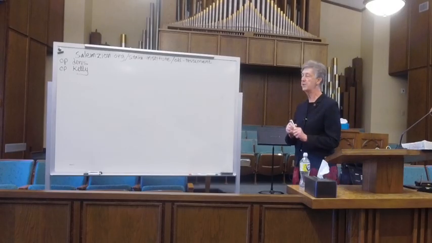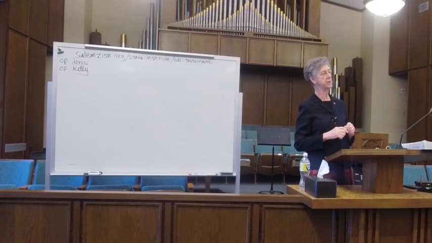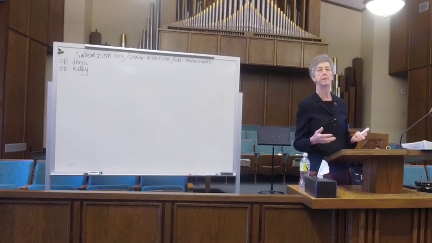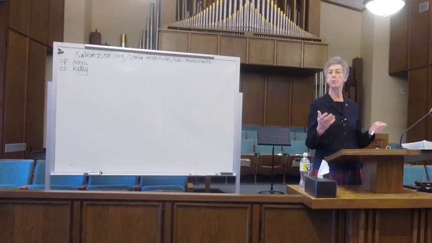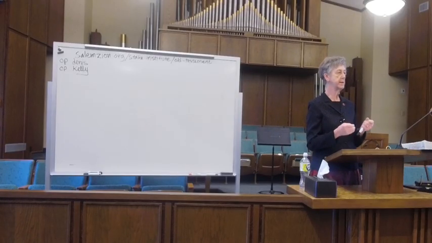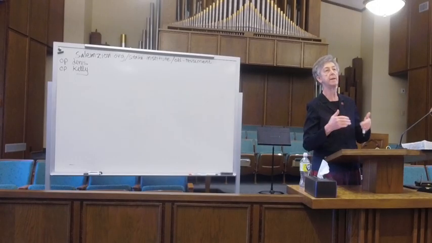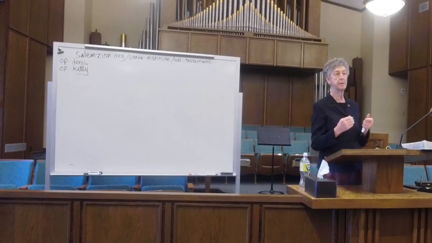What we're going to do today is a chart that is typical of what I have found in Jewish study Bibles. Now, you know how the church has recommended that we pick some more recent translations to assist us in understanding the biblical text.